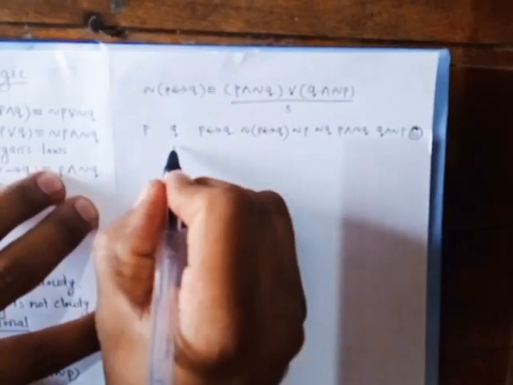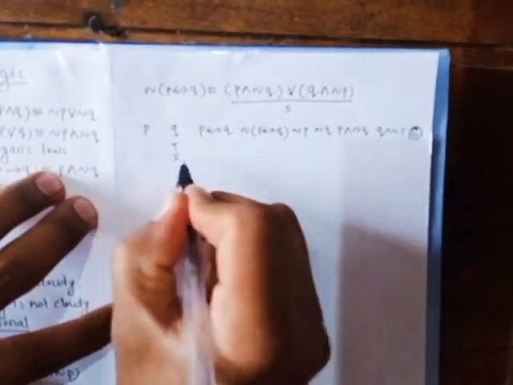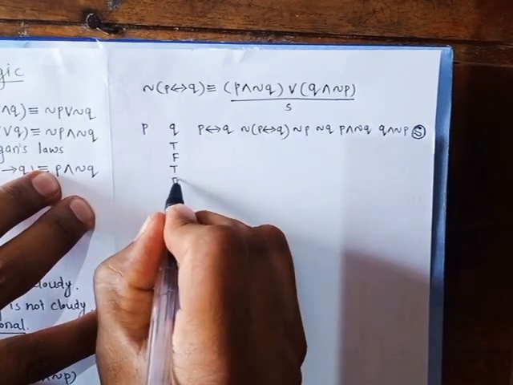What are the possibilities? True, false, true, false.